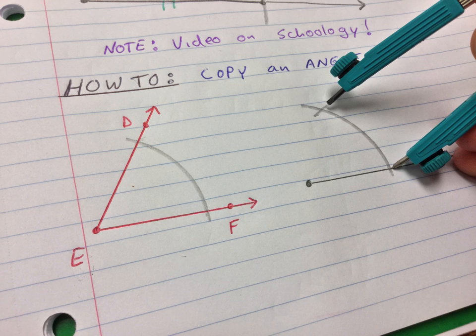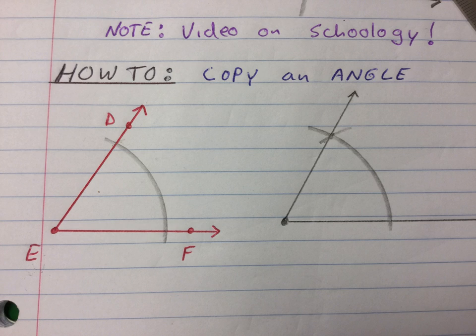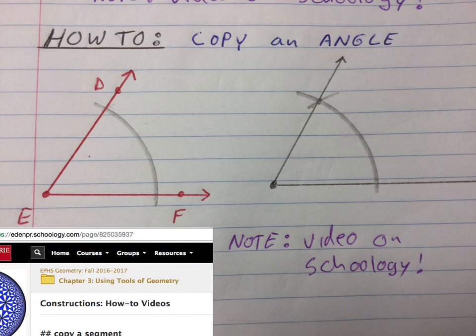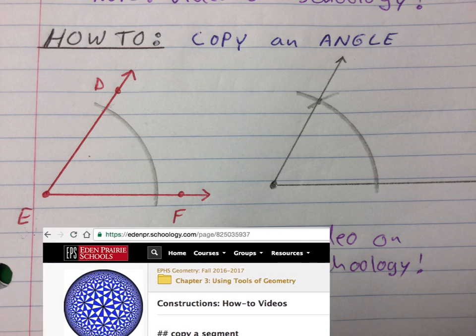Remember, the goal here is measuring how open the angles are, so that that distance corresponds with that distance. And then after you've done that, all you have to do is connect the endpoint of the ray through the intersection of those two arcs. A reminder, there is a video on Schoology. Take a watch. Make sure that you are really solid on copying angles.